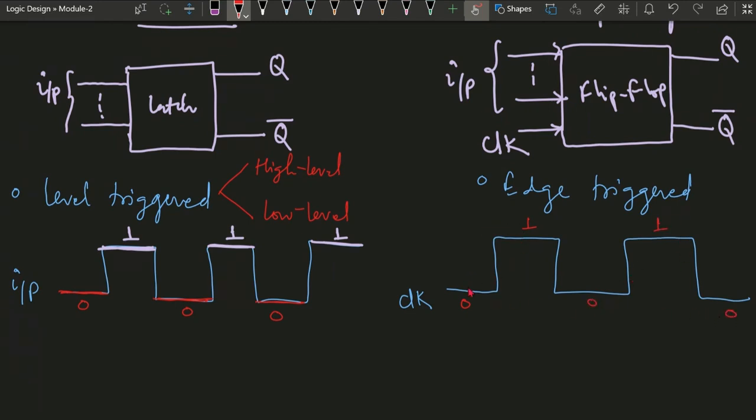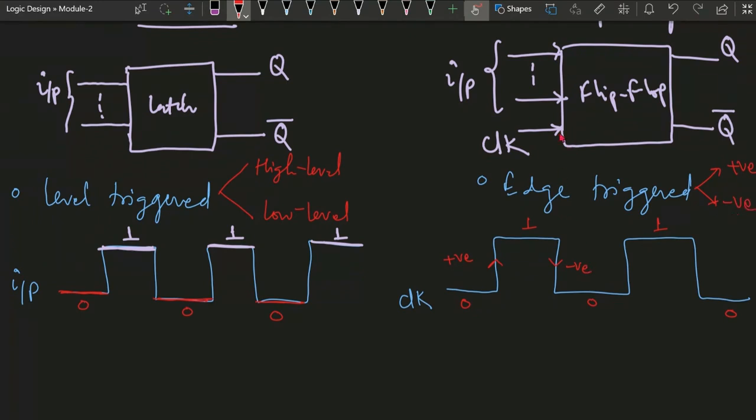So the clock is going from 0 to high, transitioning, and this 0 to high state is considered the edge. This is the positive edge. And when it goes from high to low, it is considered the negative edge. So edge triggering is divided into two types: positive edge or negative edge.